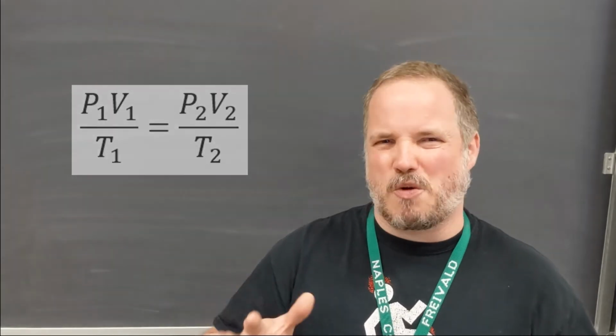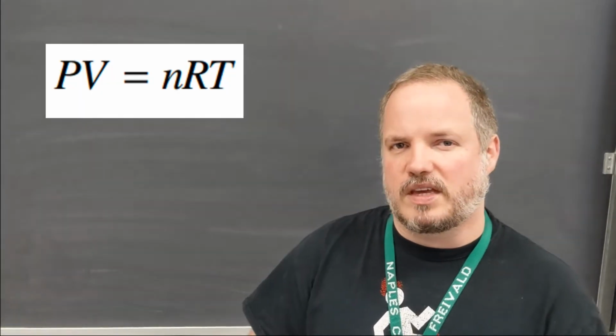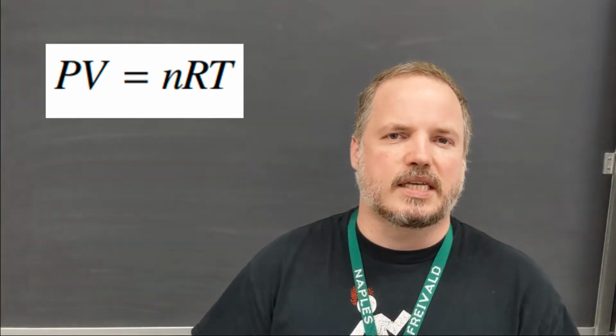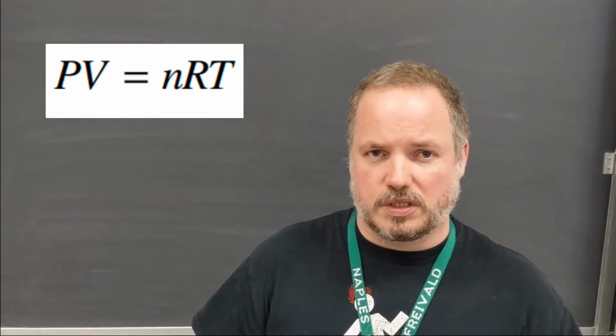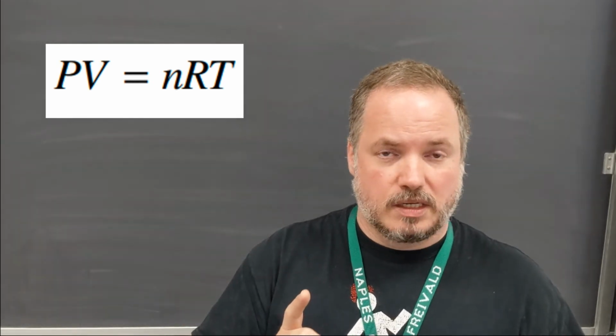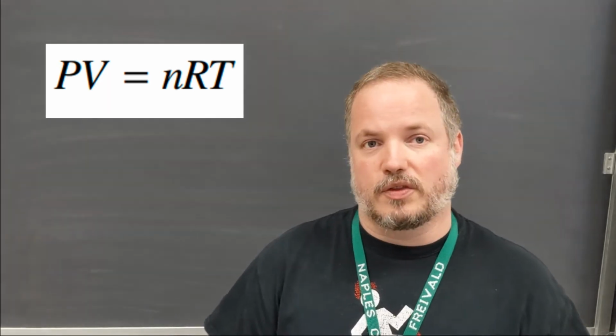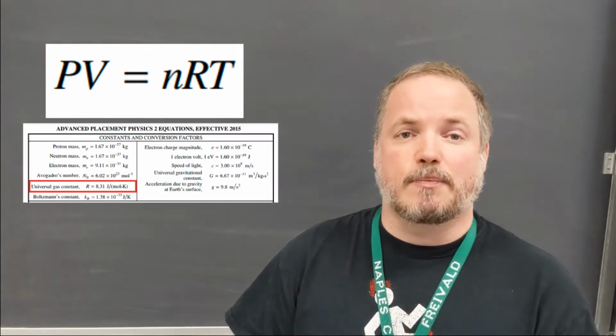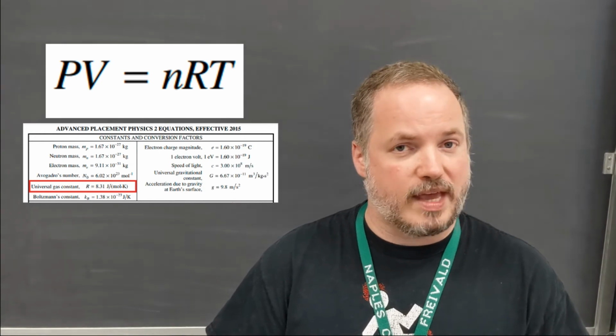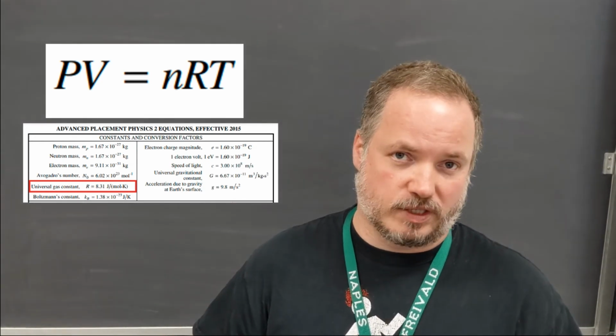And something that may or may not be reviewed is the ideal gas law. We use this quite a bit in physics. It's PV equals nRT. Pressure times volume equals the number of moles of gas times a constant times temperature. Now that constant is called the universal gas constant. It's 8.31 joules per mole Kelvin, and it is on your reference tables.